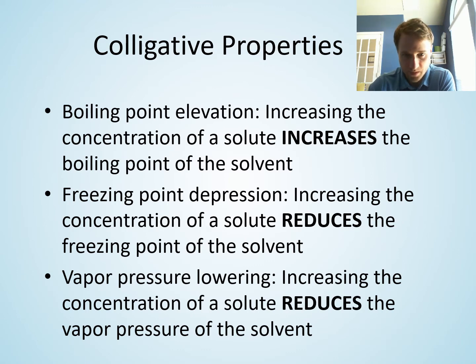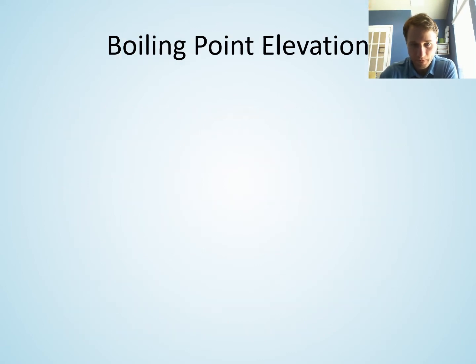The names, boiling point elevation, freezing point depression, vapor pressure lowering, are given, elevation, depression and lowering, to indicate how these properties change with an increase in concentration of solute.